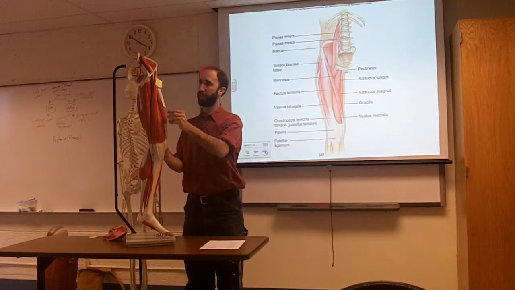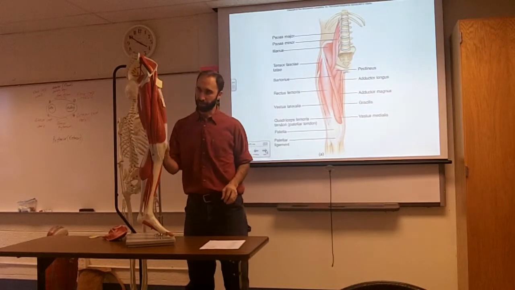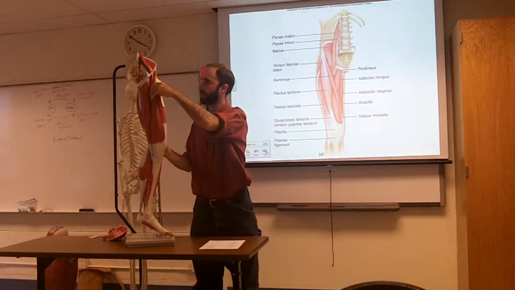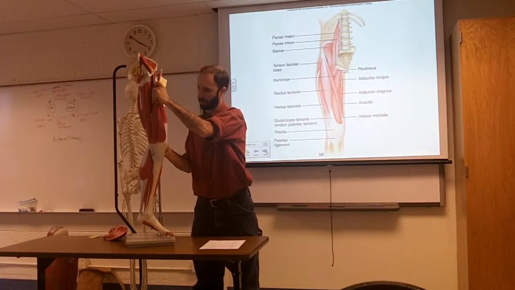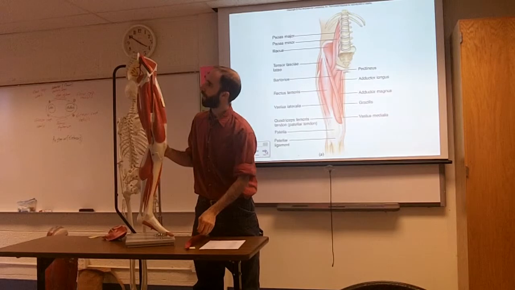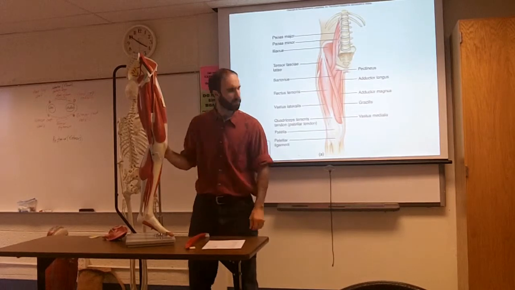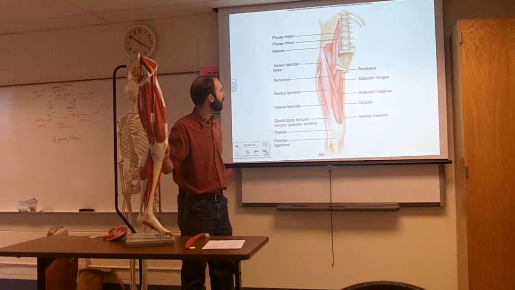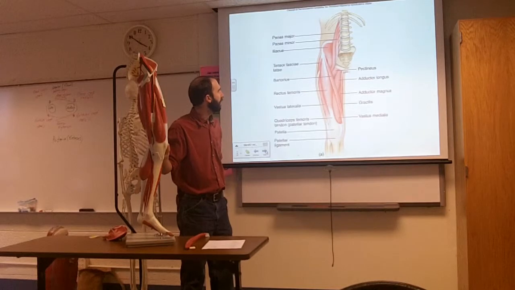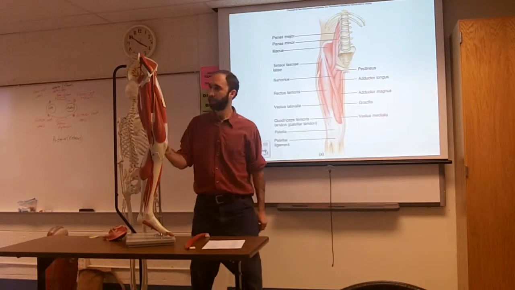So the pectineus attaches right up against the pubis there. Let me get some of these muscles out of the way. Sorry, I have it wrong, don't I? Yeah, pectineus is attaching most laterally.